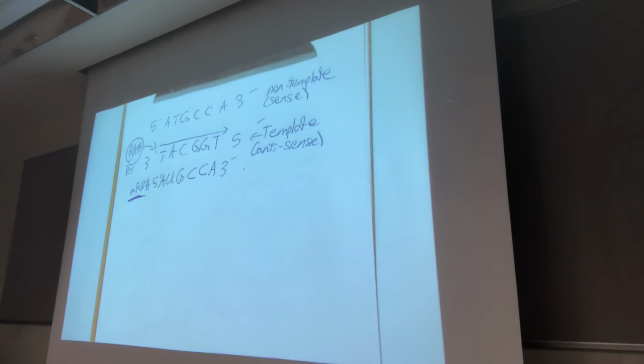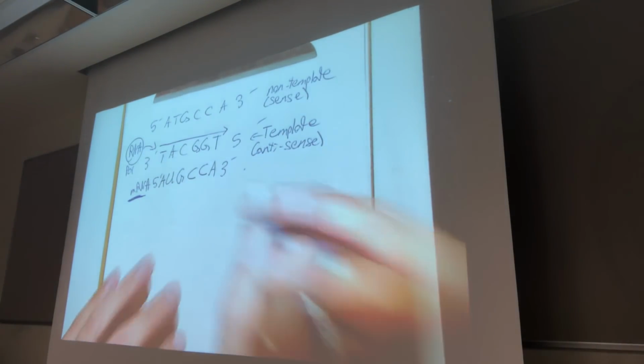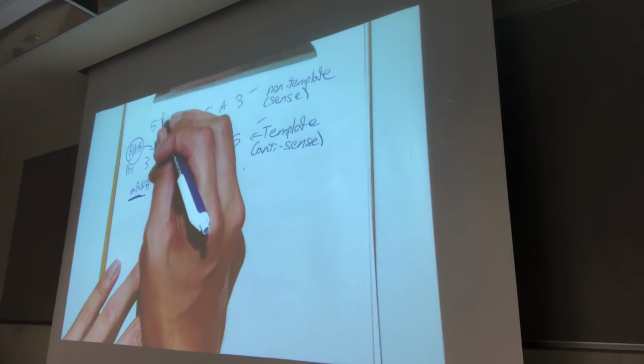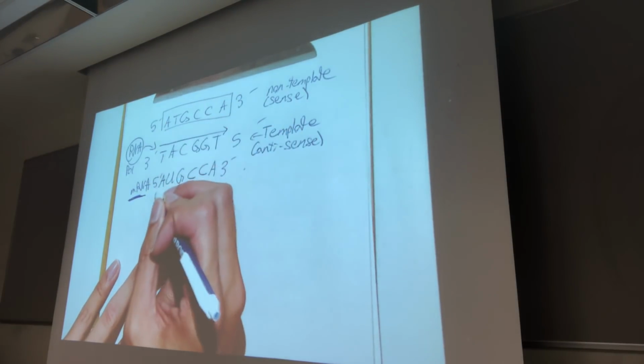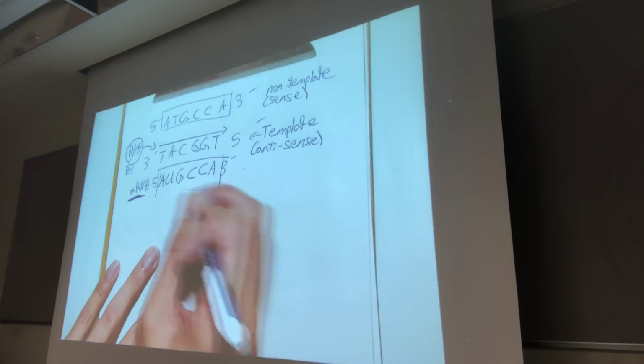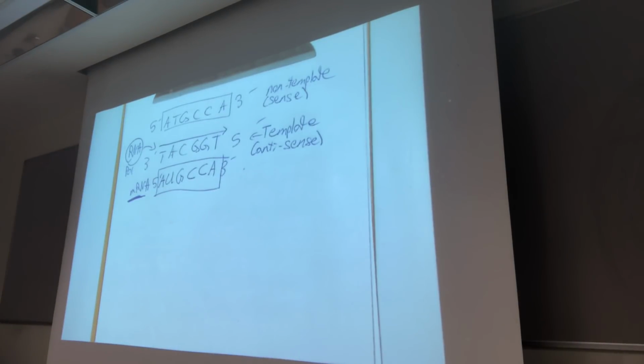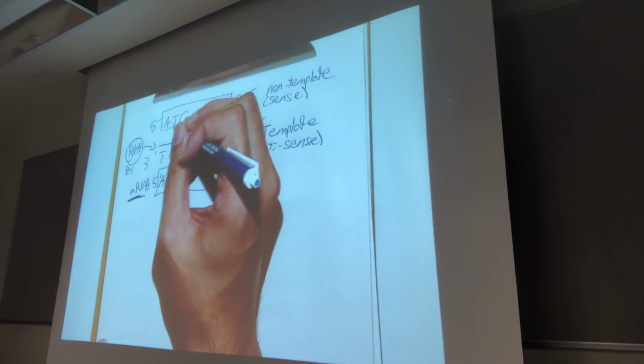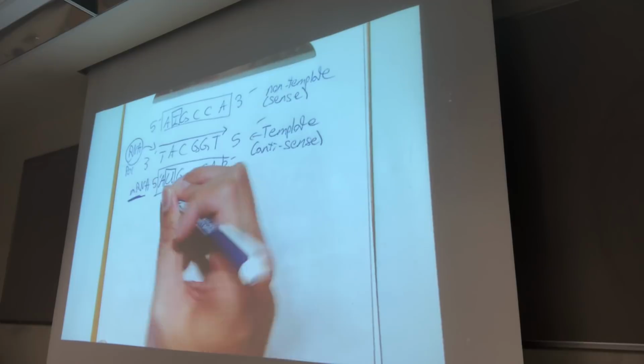Why would the non-template strand be the sense strand? I will point your attention to this comparison here. Compare your sense strand of DNA to your mRNA, and what do you notice? They're both 5' to 3'. And take a look at the bases as well. They're basically the same. The only difference is T's are now U's.